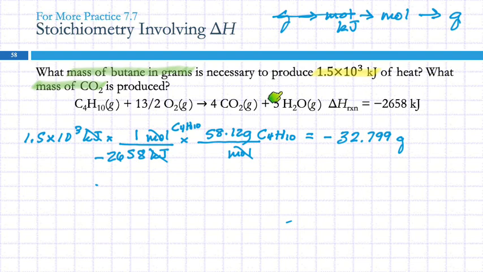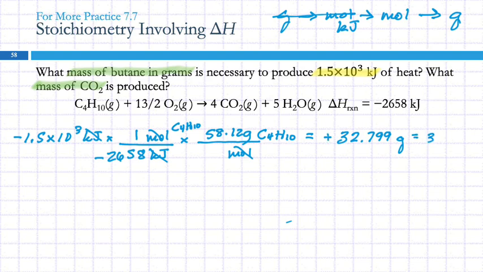Well, here we're producing this much heat. So would that be negative or positive from the standpoint of the reaction, the system? It would be negative. So our starting number should have been negative, and we do end up with a positive. And 2 sig figs. Oh wait, what did I do? I wrote with the eraser.